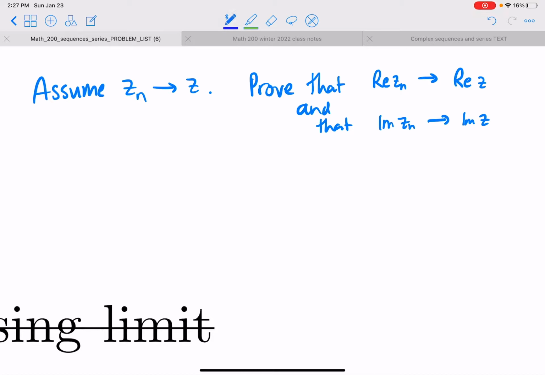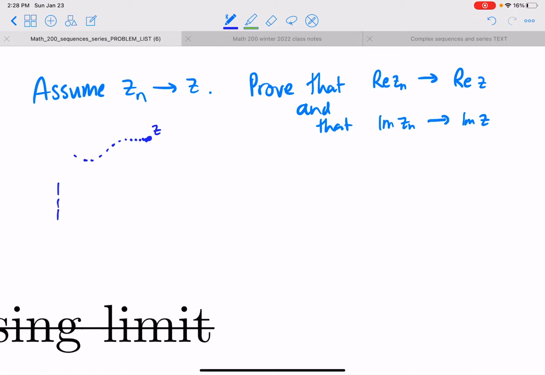We want to show that the associated sequence of real parts also converges to the real part of this limit. You can think about this like in the complex plane, here's z, the limit, and there's infinitely many z sub n's basically all in there.